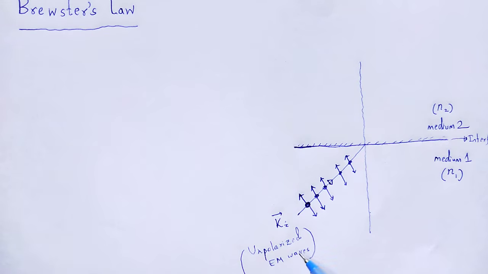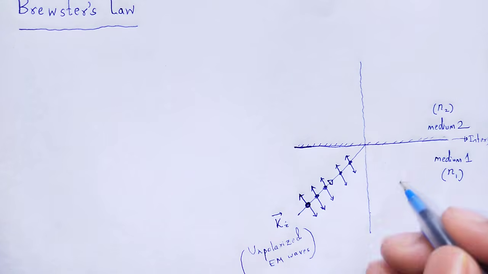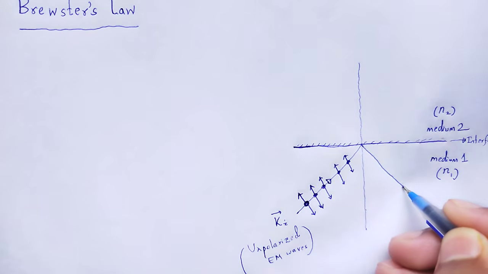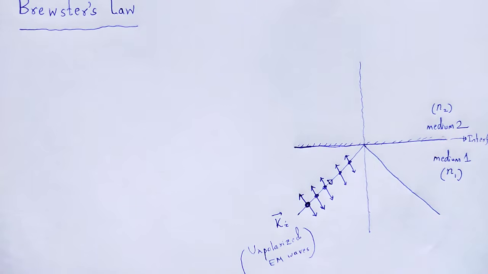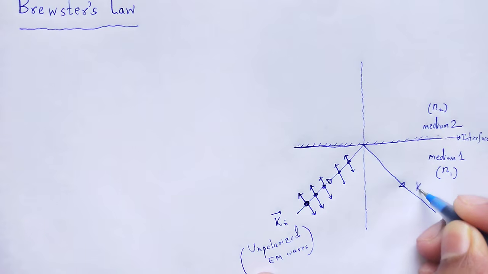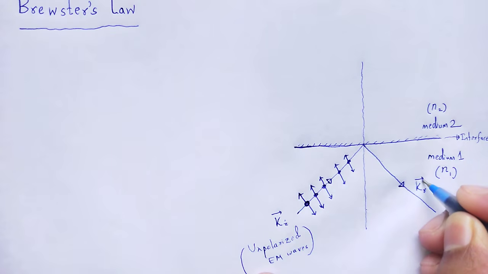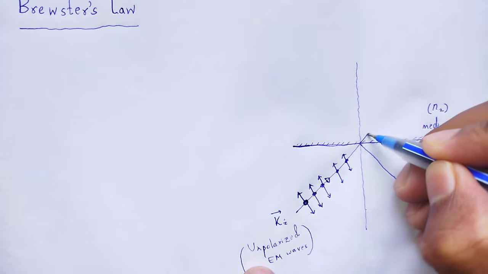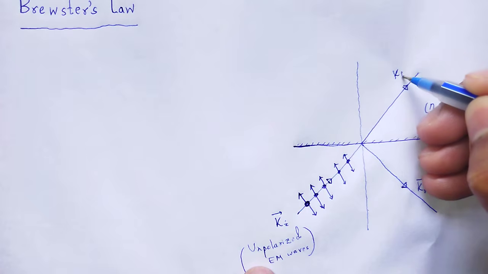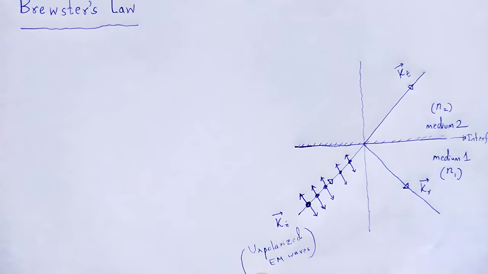Now we get polarized electric field from the unpolarized electric field by reflection at the interface. We obtain the reflected wave, that is k_r vector, and the transmitted wave, propagating with k_t vector.